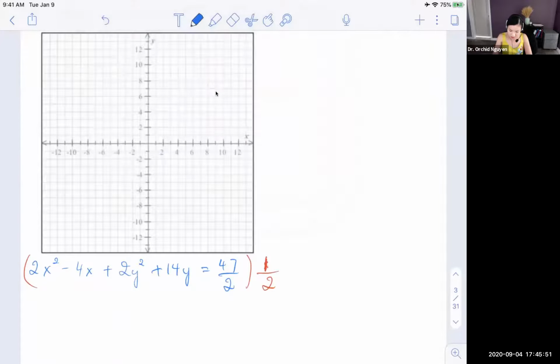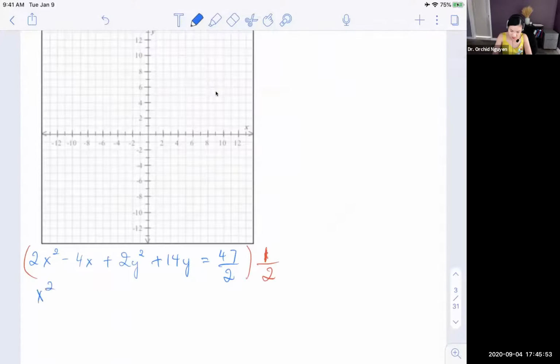So what I have is x squared minus 2x plus, you know what, I'm just going to leave some room there because we're going to rearrange anyway. So y squared plus 7y. And then we have 47 over 4.